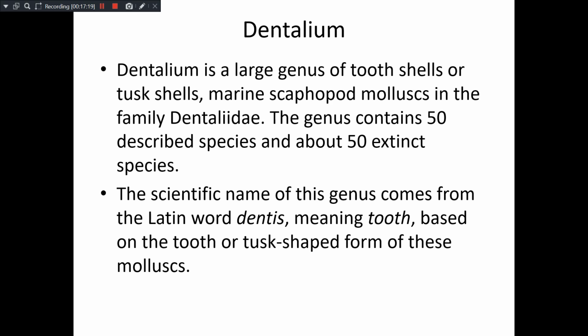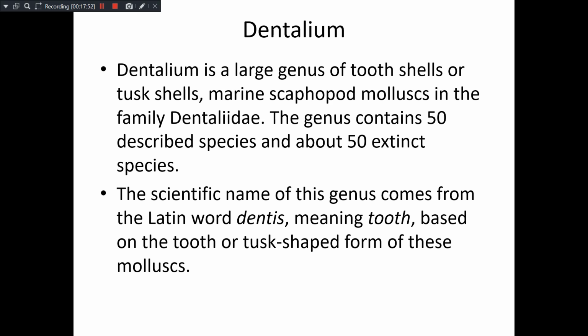You must have seen the Dentalium whenever you have a chance to walk on the sea beaches. Dentalium shell at least, not the entire animal. Dentalium is a large genus of tooth shells or tusk shells, what we call. This genus Dentalium contains 50 known species, and about another 50 extinct species also.